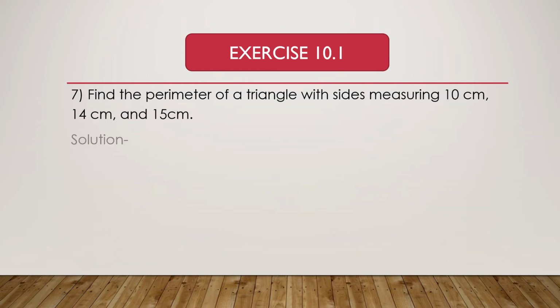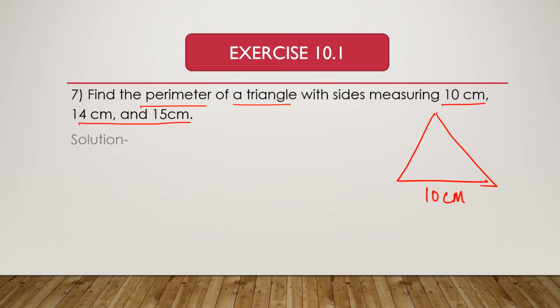Now question number 7. Find the perimeter of the triangle with sides measuring 10 centimeter, 14 centimeter and 15 centimeter. This is 10 centimeter, this is 14 centimeter and this is 15 centimeter.